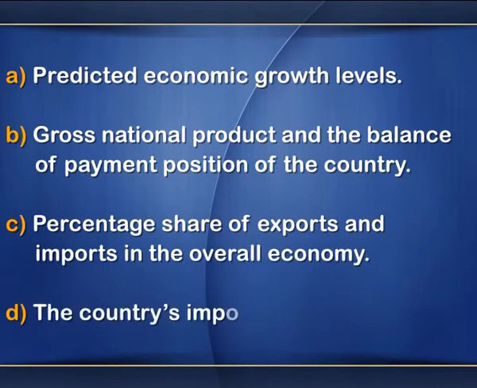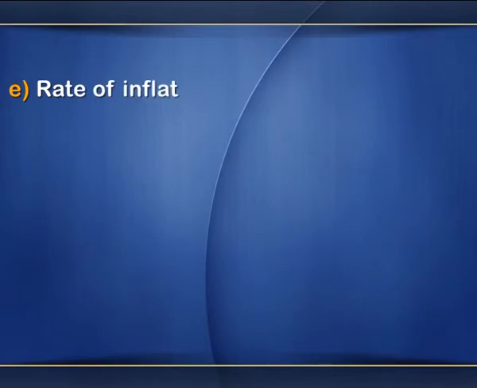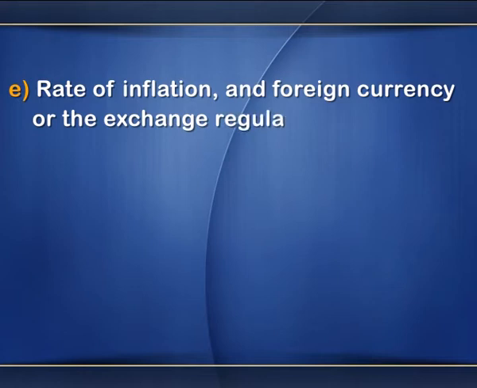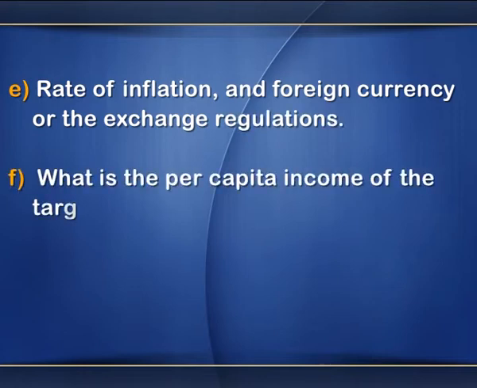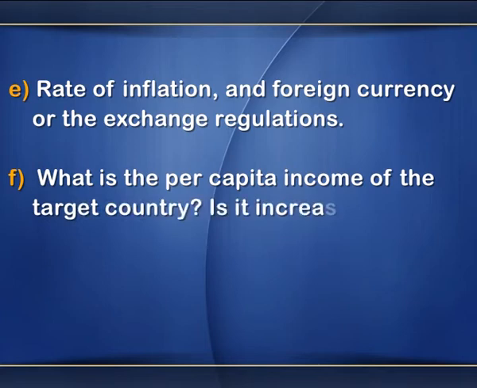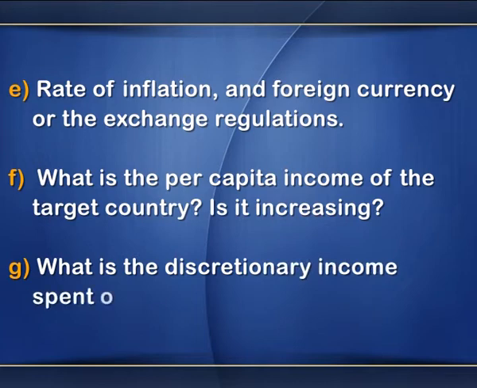D. The country's import to export ratio. E. Rate of inflation and foreign currency or the exchange regulations. F. What is the per capita income of the target country? Is it increasing? G. What is the discretionary income spent on consumer goods?